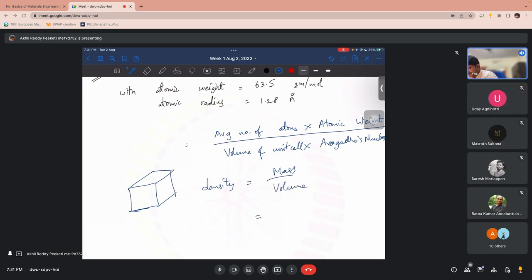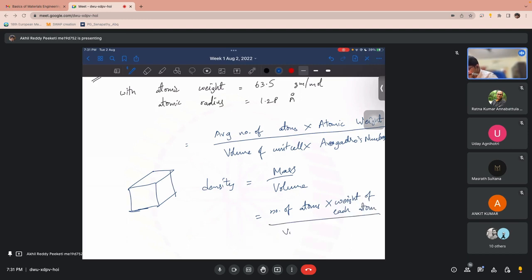So the mass of the unit cell is the number of atoms times the atomic weight of each atom, divided by the volume of the unit cell.